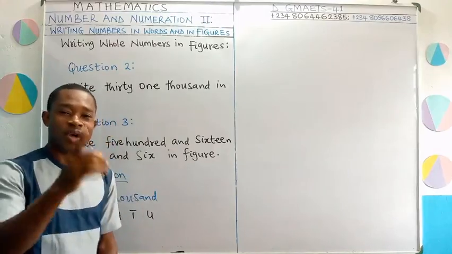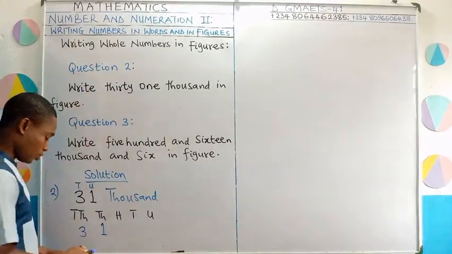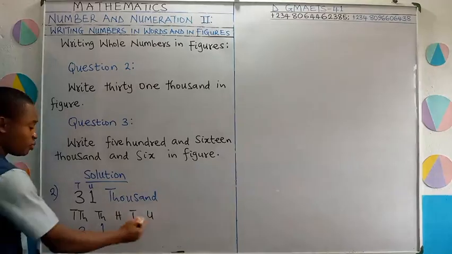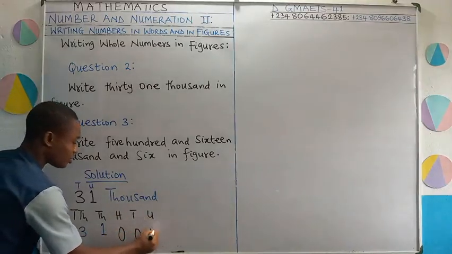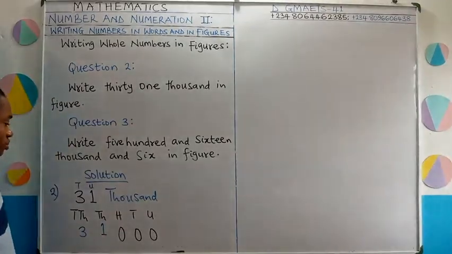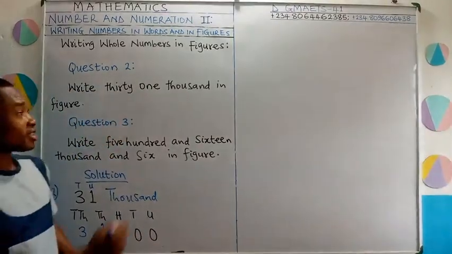Empty. And what is the rule? Fill any empty place value with zeros. So let me go and fill these place values with zeros. I'll use black marker to do that for you. Good. And so that is my 31,000. Is that okay? Let's conclude and see.